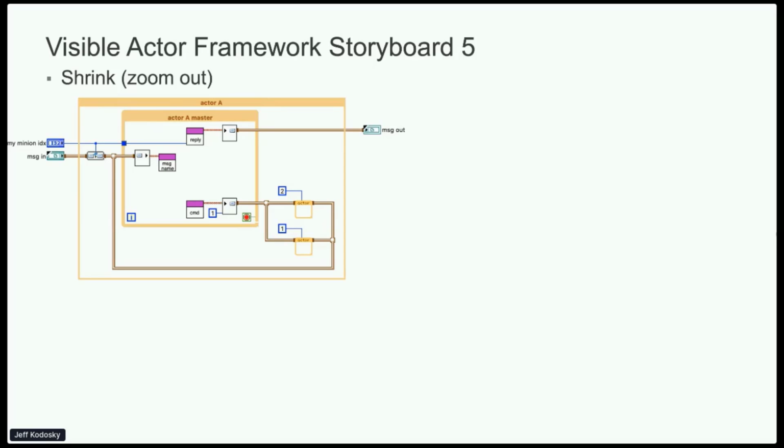Note that the actor sub-VIs all have the same connector pane: a messenger input channel, messenger output channel, and a minion index. It would be great to be able to shrink and expand an actor and have the diagram smoothly adjust automatically, but that's still a futuristic concept.